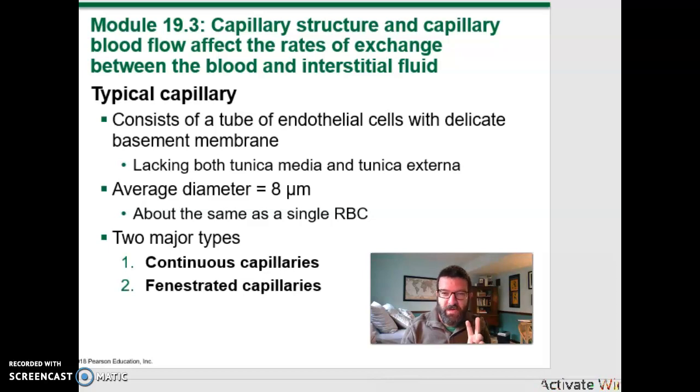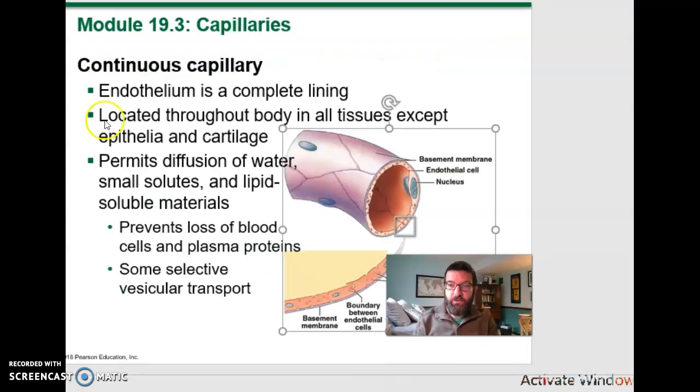There are 2 main kinds of capillaries. There's a third that we'll talk about in a moment, but the first is continuous capillaries. And continuous capillaries do not have any pores in them, as we'll see. The endothelium here, these endothelial cells, all connect and they make a complete lining.